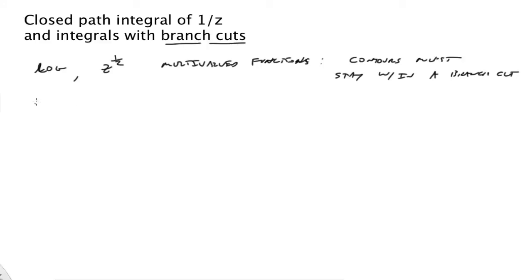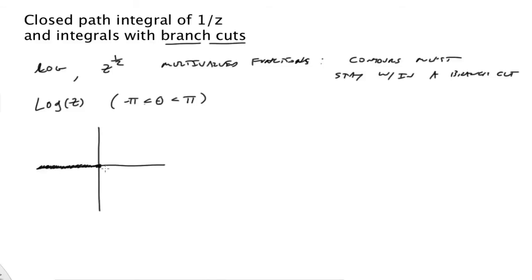Say, for instance, if I take complex log of z, theta has to be strictly greater than negative pi and strictly less than pi. So we can draw that as so. And we usually draw it by putting a little darkened area there, saying that that part of the complex plane is off limits. And so theta has to range between that.